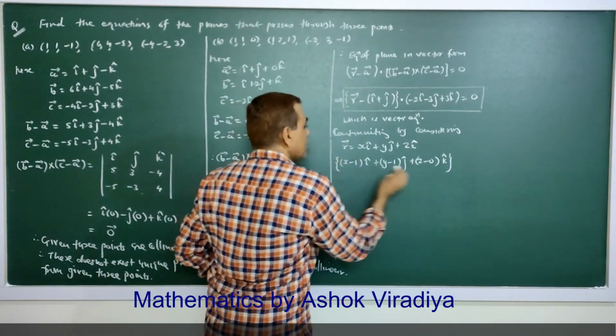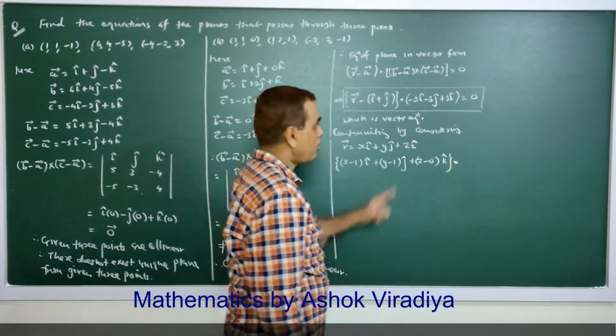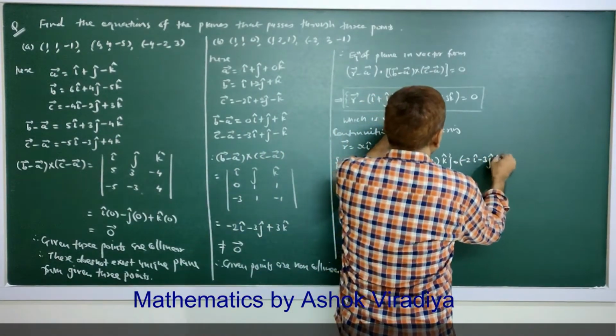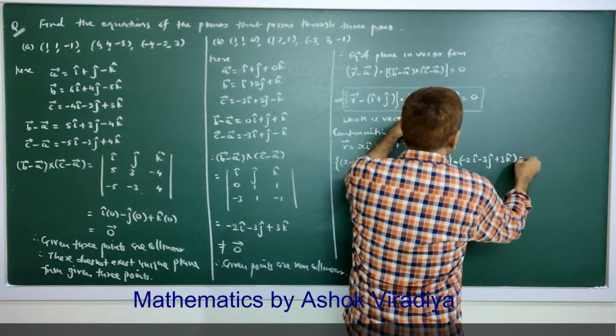Close the bracket. Dot minus 2i minus 3j plus 3k equal to 0.